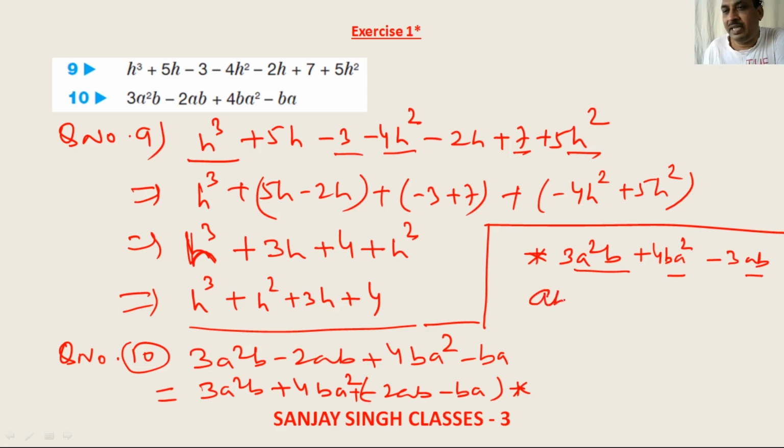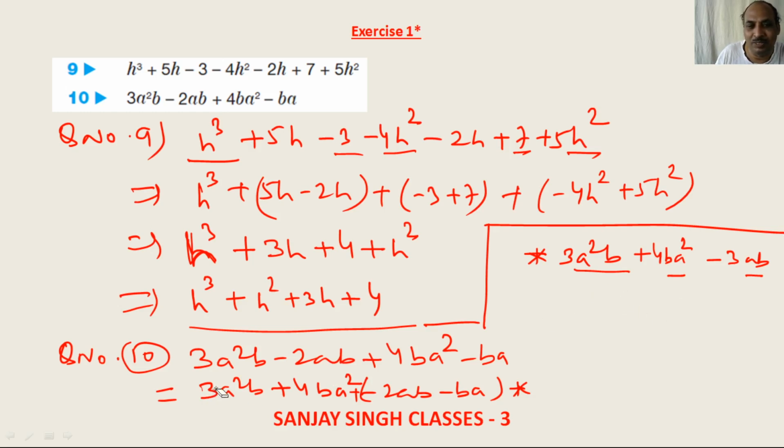If we take ab common, here it becomes 3a only, because it is 3a square b. Sorry, a square b and ba square are both like terms, not unlike terms.